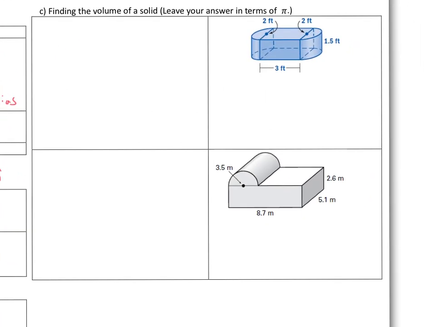Okay, part C, finding the volume of a solid. So here we have the cylinder split in half attached to a rectangular prism on each side. And the problem wants you to leave your answer in terms of pi. I will also show you how to leave your answer using pi equals 3.14. Okay, volume equals pi r squared h.